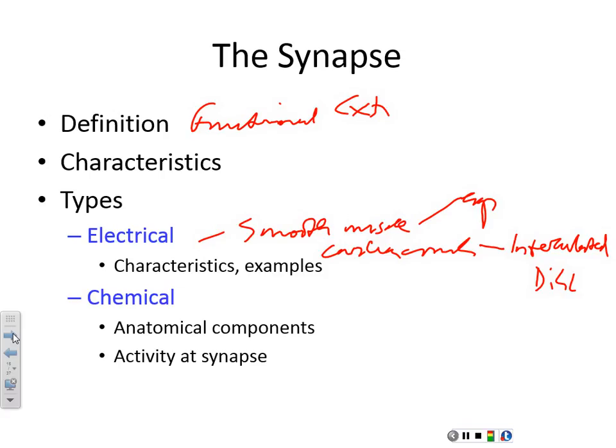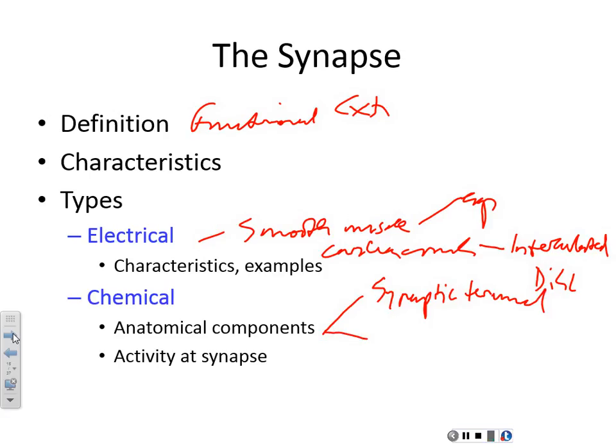There are other neurotransmitters, which we'll talk about towards the end of this, like serotonin, dopamine, and so forth, that are communication between neuron to neuron, especially for brain function. So what are the anatomical components of it? The synaptic terminal.